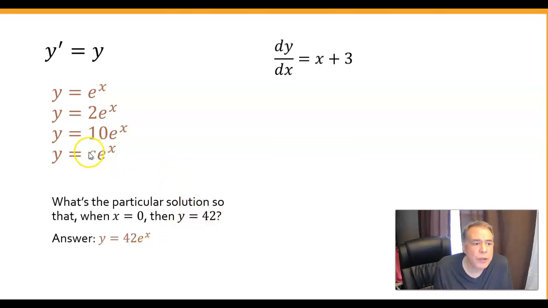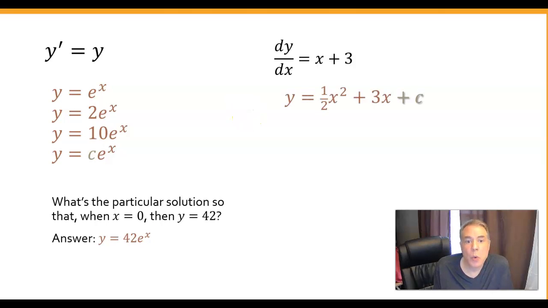And this sort of thing where the general solution involves a constant c is something you've seen before if you've studied antiderivatives or indefinite integrals, because you're used to having your antiderivative or your general indefinite integral end with a plus c on the end. So like dy dx equals x plus 3 means we're looking for a function whose derivative is x plus 3. We want antiderivatives for x plus 3.